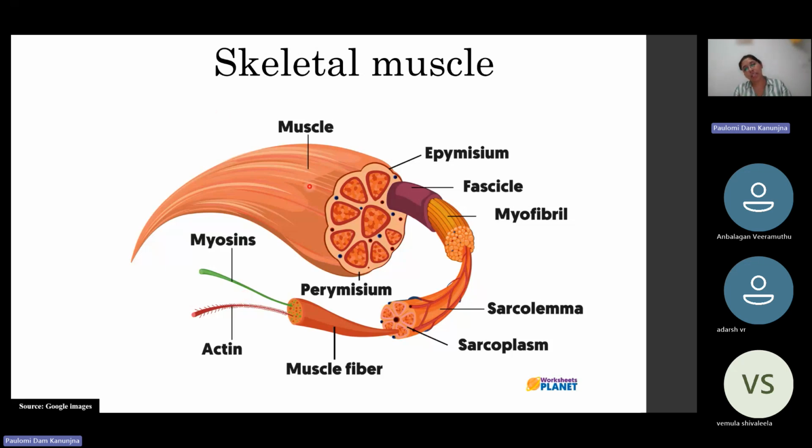Start from the muscle and see a slice of it: there is epimysium, there is perimysium, and below the perimysium you have fascicles. In each fascicle, you have several myofibrils. In each muscle fiber, you have sarcolemma and sarcoplasm. In these, you have myofibrils, and in them, myosin and actin.